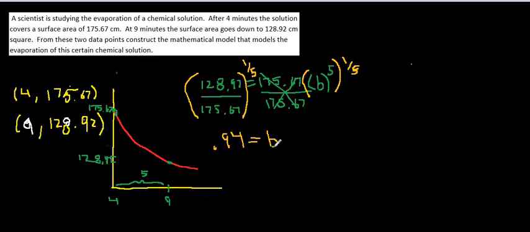So we can write our equation now in this form. Let's use blue. We can say that y equals our initial starting point, and remember that's just kind of a pretend starting point, 175.67 times 0.94 to the power of x.